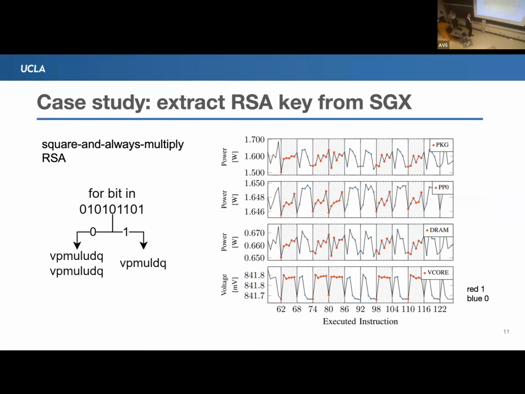So in SGX, we force a single step to the branch instruction, and then we repeat the following instructions for some time and measure the power at the same time. Then we can use the power measurement to determine which part is executed, and then we can recover the original sequence.